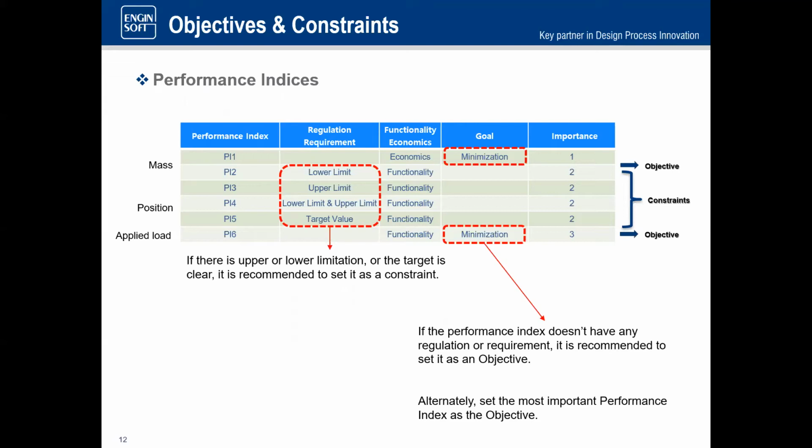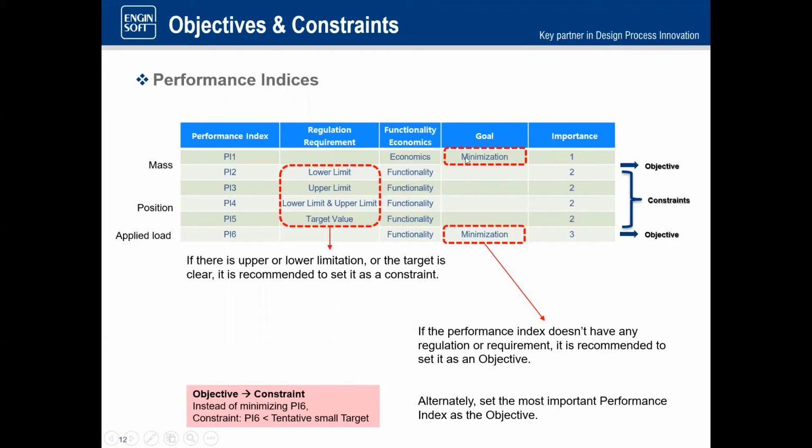And then the ones that you just want to minimize or maximize, those should be the objectives. Sometimes if you have something that's very important, then you want to set that to be the objective, the single objective.